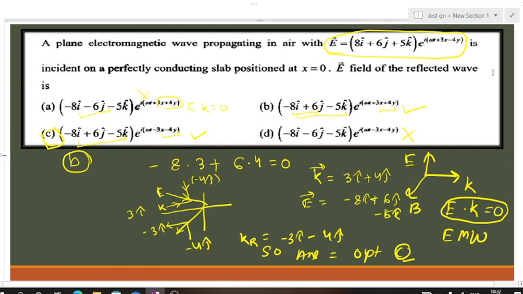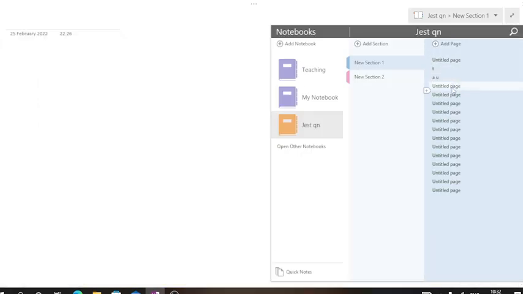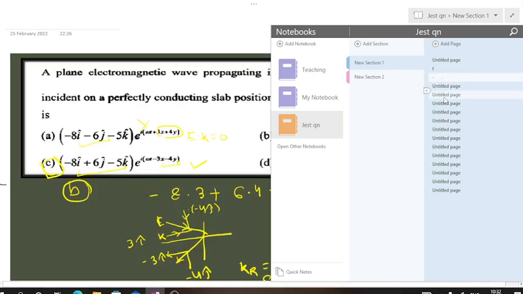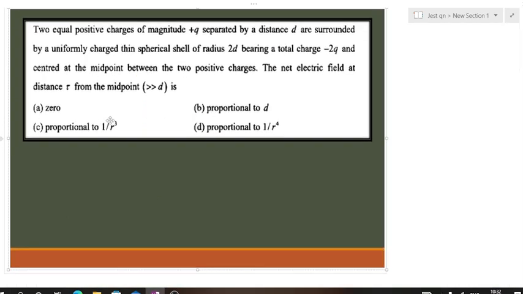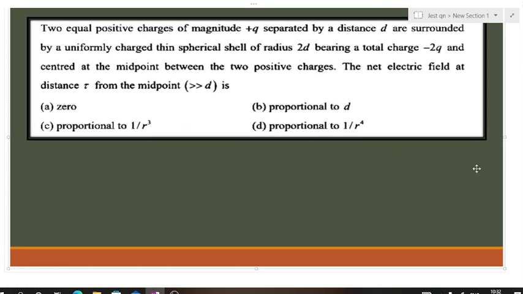Next question. Two equal positive charges of magnitude q are separated by a distance d, surrounded by a thin, uniformly charged spherical shell of radius 2d, bearing a total charge minus 2q, and centered at the midpoint between the two positive charges.